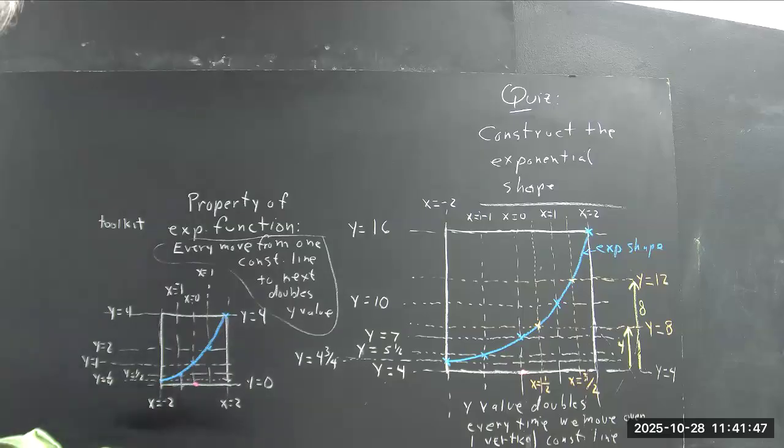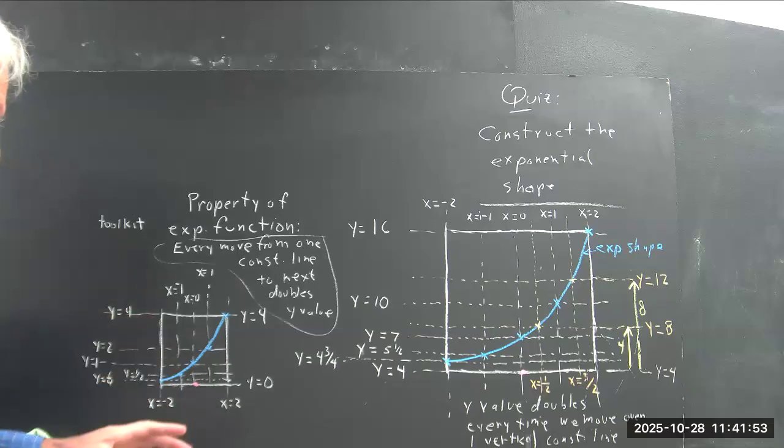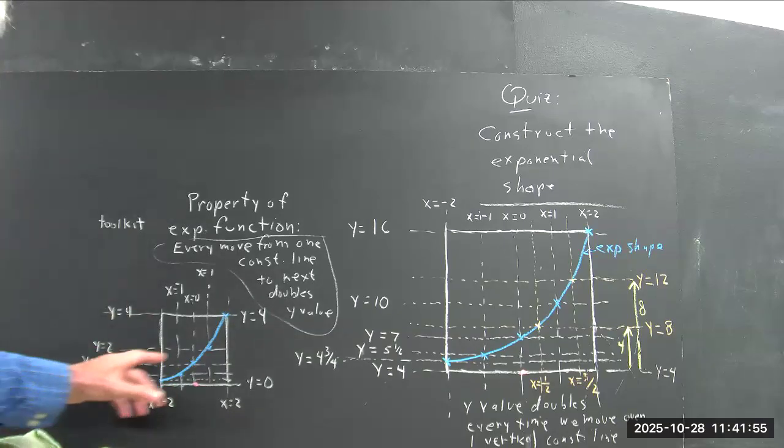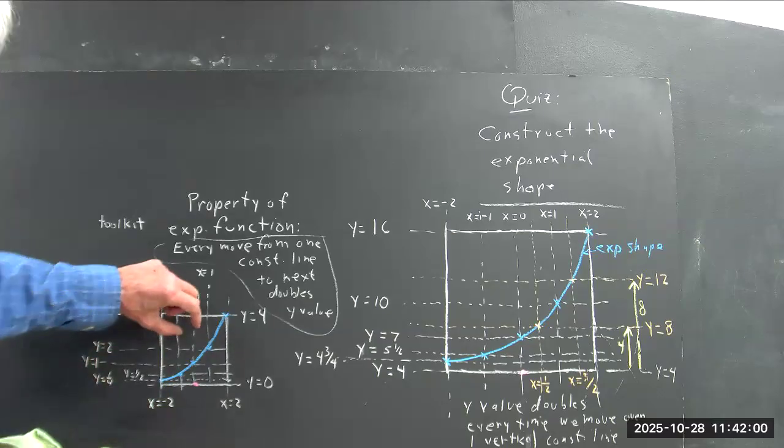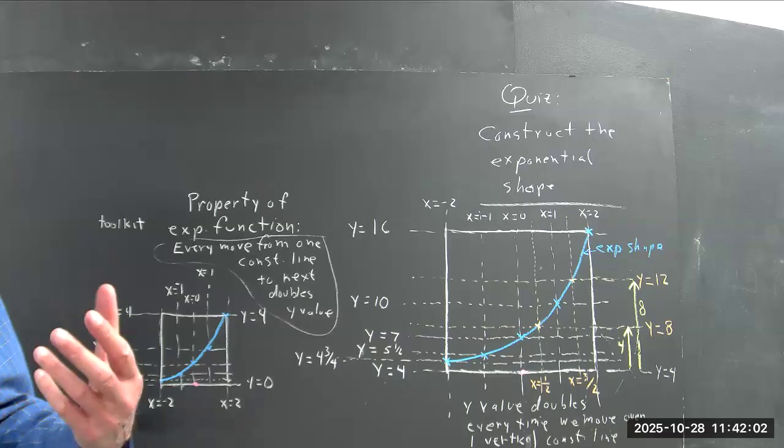And that's your toolkit exponential function. So for any exponential function, you construct it this way. We call the distance between vertical construction lines the doubling time.